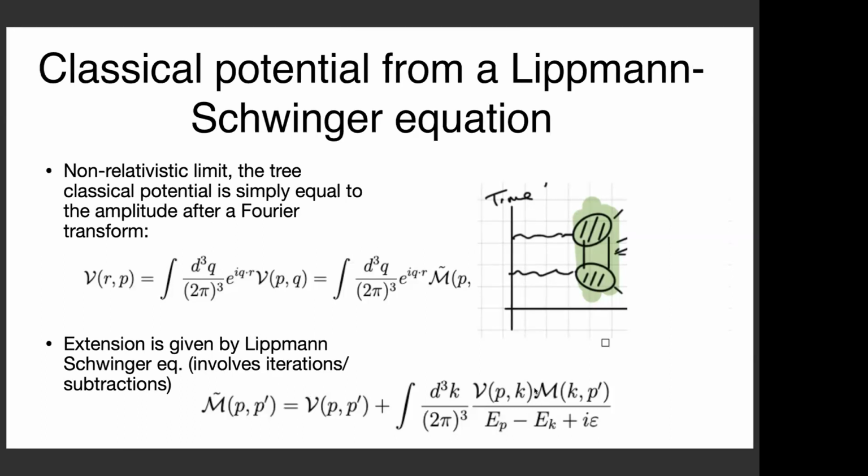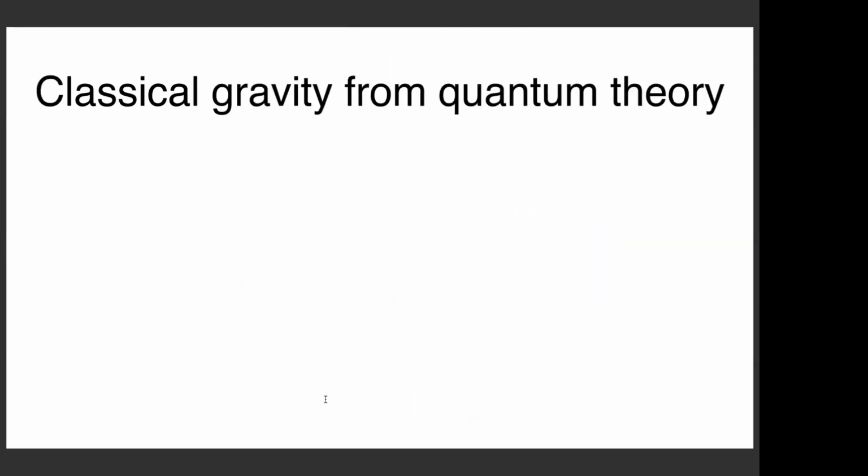But at next order, we have to consider the energy propagation of the iteration of the potential, and that is the integral equation we have in the end. We can work this out order by order and determine the potential, but we have to do that in a clever way in order to generate things efficiently. So I'll come back to this point.